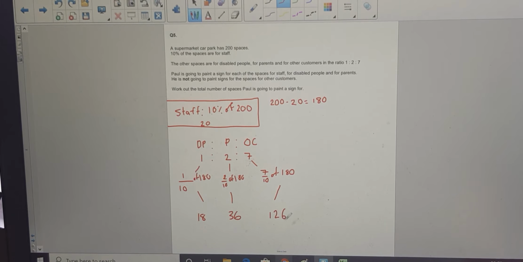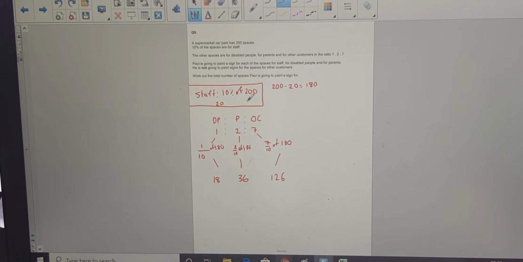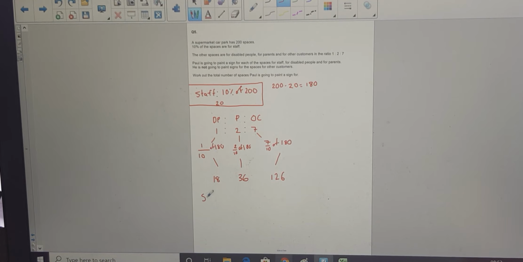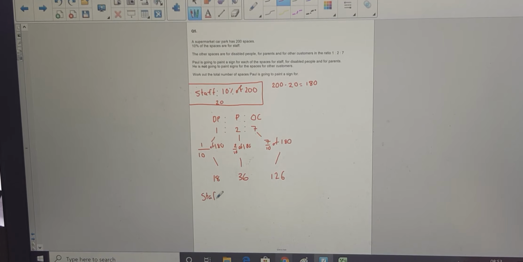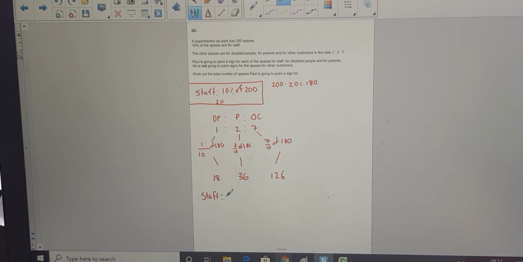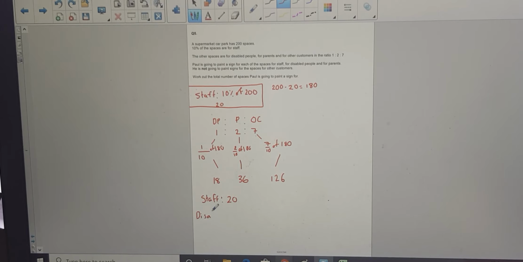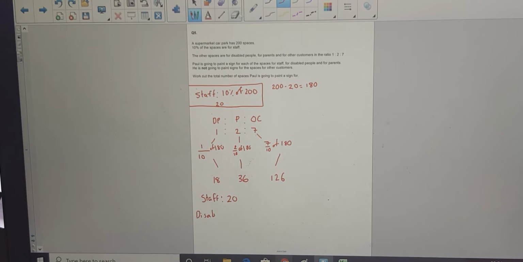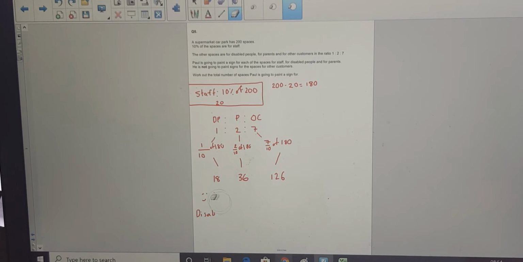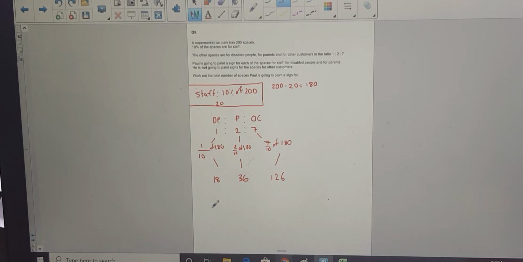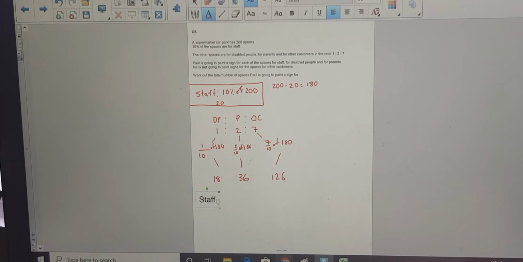Now, let's label these things up so we can see it. Staff is 20.